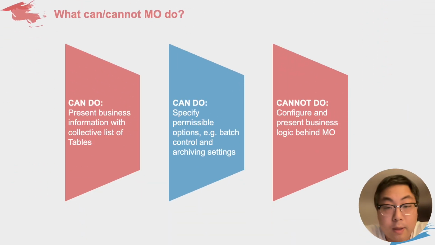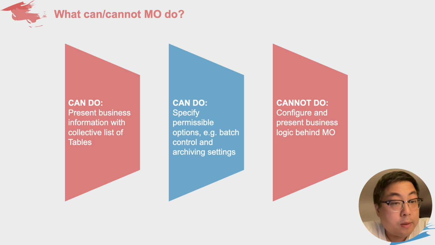So for a maintenance object, you are able to represent the business information with a collection of tables. So when you look at the maintenance object, you can see the primary table and also all the subtables collectively representing one maintenance object.